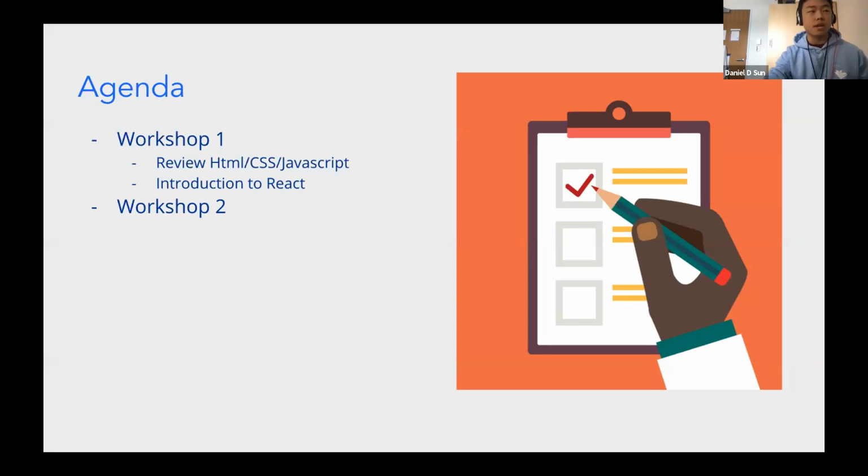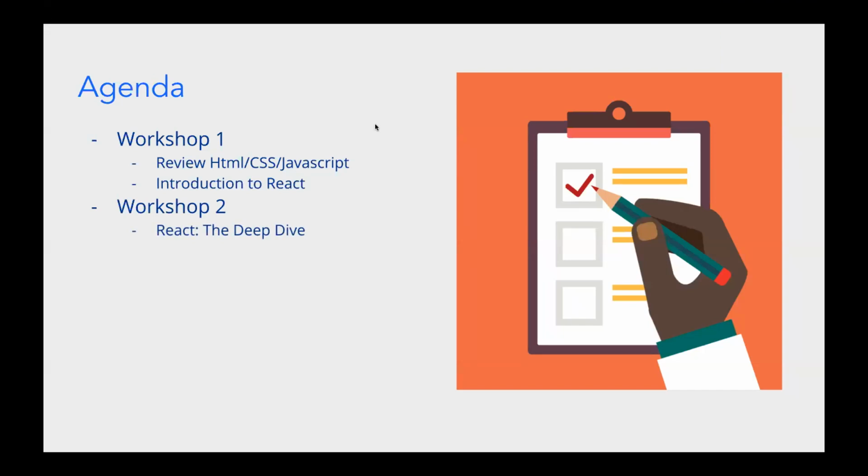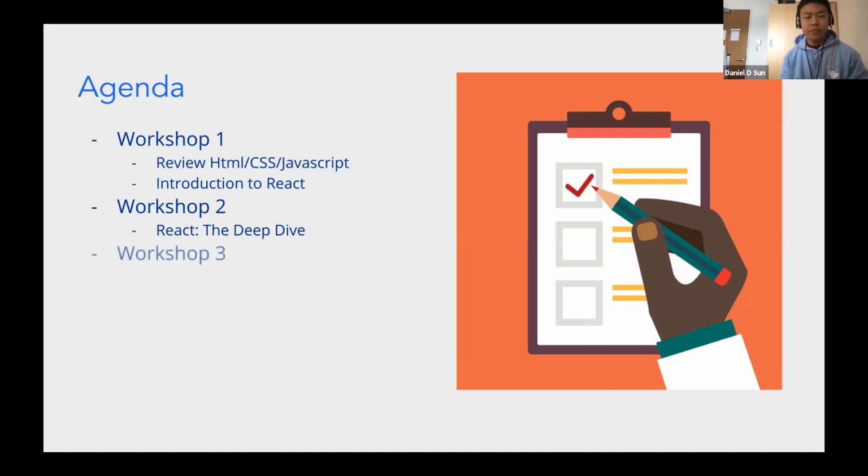So we're going to be doing an introduction to what exactly React is, and how it looks, a high-level overview. Workshop 2 is going to be spent thoroughly looking into React and doing a deep dive there. So fully understanding how this powerful front-end language works and makes our websites run more efficiently.